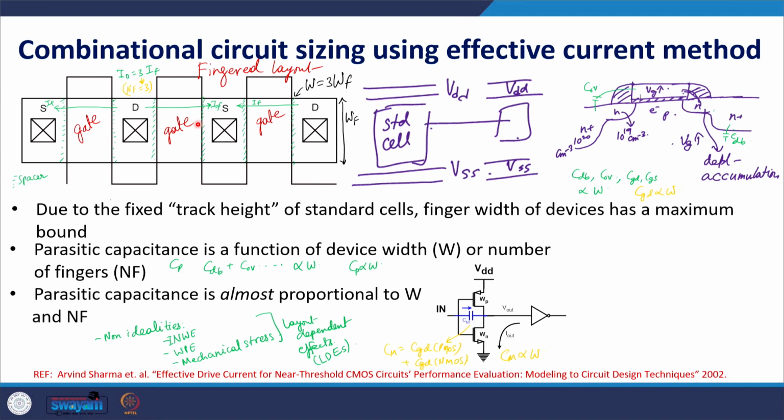We have discussed the levels of the input voltage, which level is slightly smaller than VDD during the switching, and a possible reason for that. We have discussed the parasitic capacitances and currents of an inverter, and when the inverter is a standard cell. So, we have discussed with respect to width and number of fingers how the parasitic capacitances and currents would behave. Thank you.